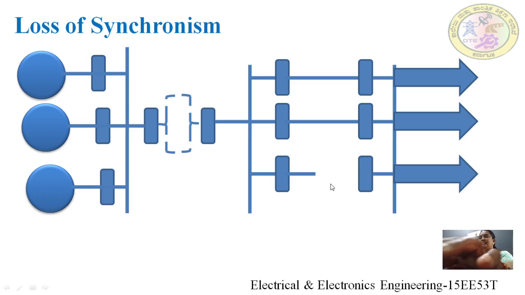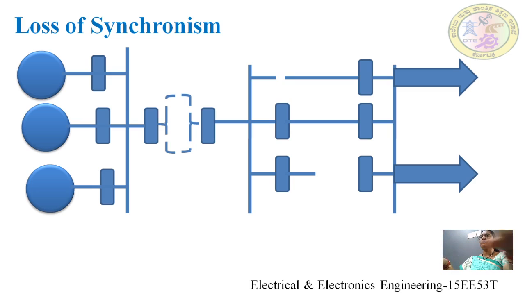And second one, there is a removal of the load. Sudden removal of the load may cause a rise in the voltage, and there is a removal of the circuit breaker. Here this is open.